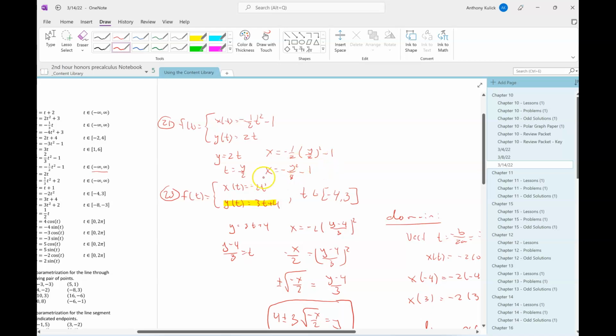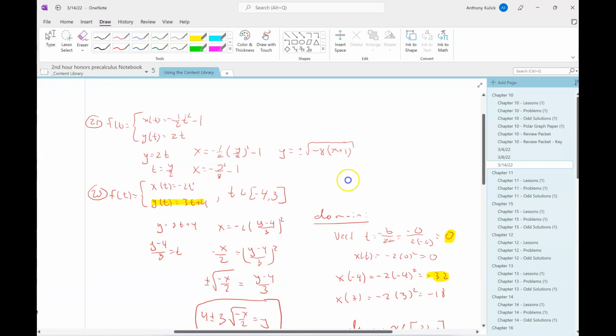So I'm just going to add 1, multiply by negative 8, and then square root. So there's that. Is that okay? Okay.